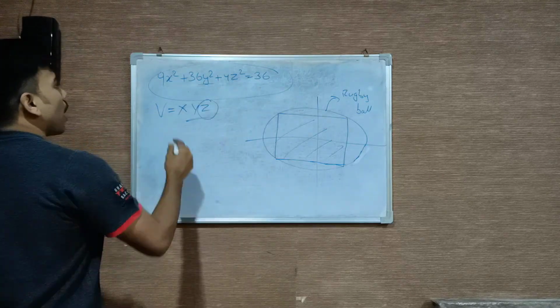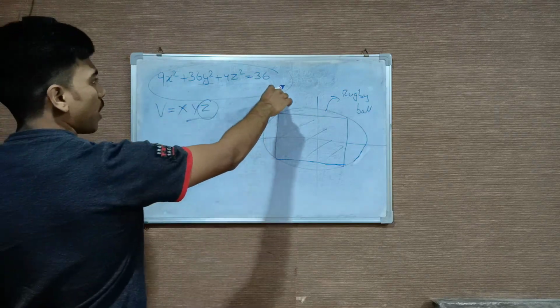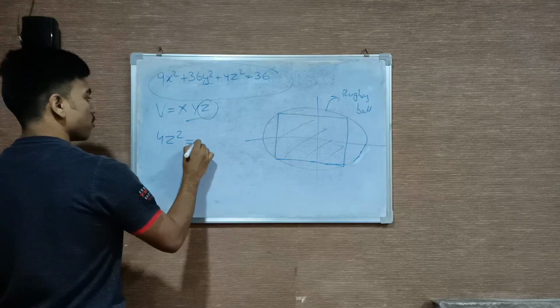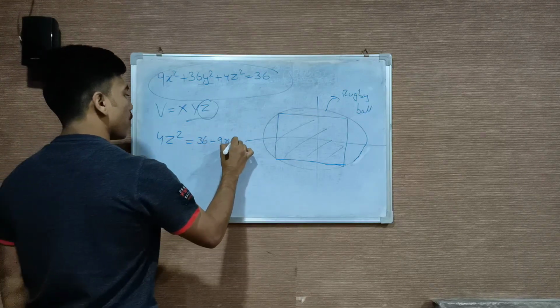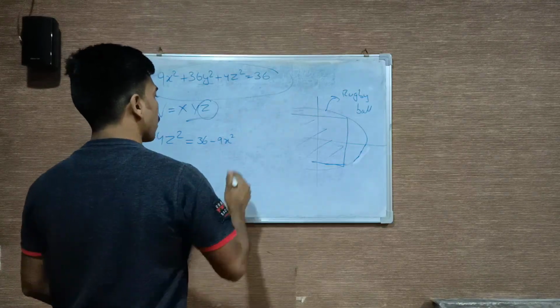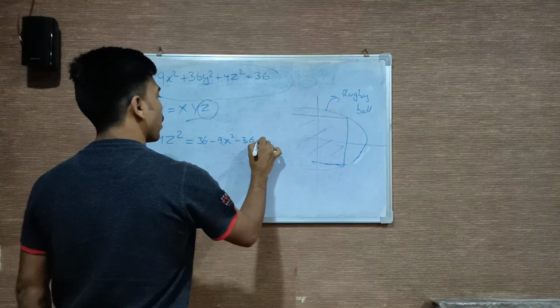I will take both variables to the right side, and we get 4z square is equal to 36 minus 9x square minus 36y square.